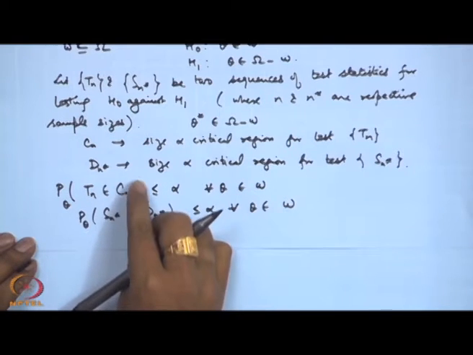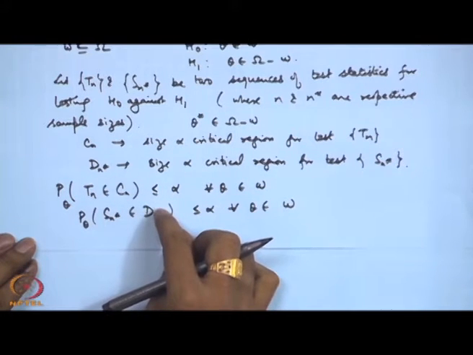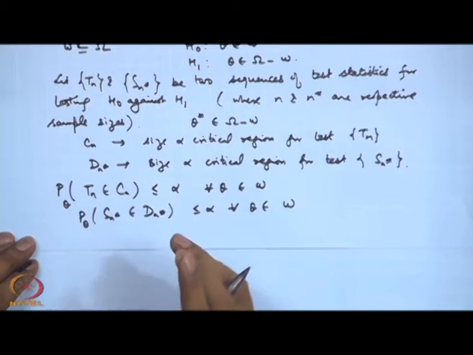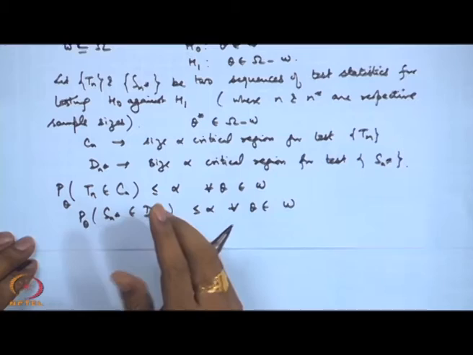So these are two size alpha tests, and the critical regions are identified by C_n and D_n star respectively, based on T_n and S_n star. Let us consider now the powers here.